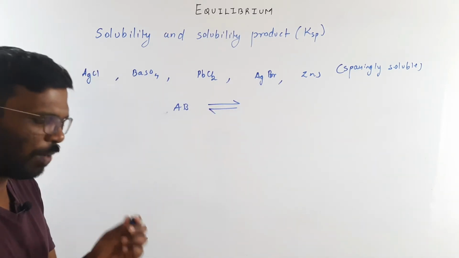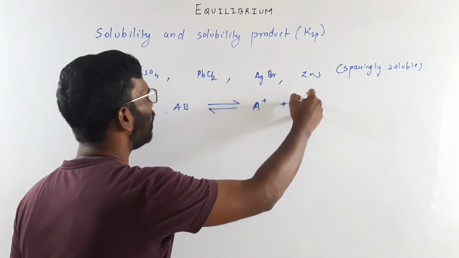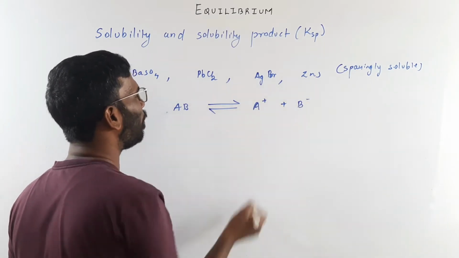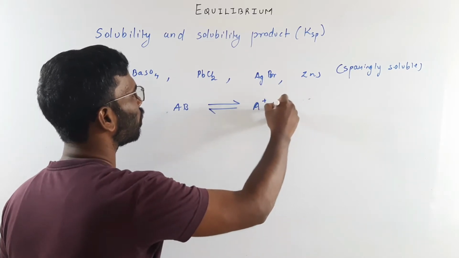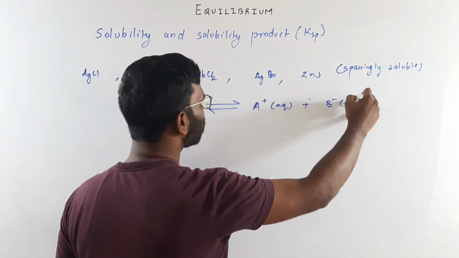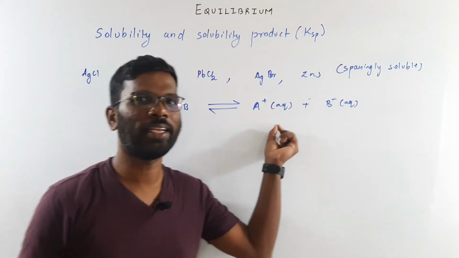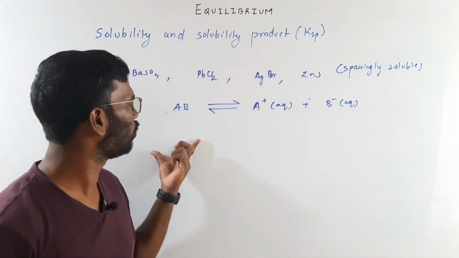Sparingly means there will be some equilibrium. There will always be some equilibrium if it is sparingly soluble: AB in equilibrium with A+ aqueous and B- aqueous. Only a very small amount of it is getting dissociated into the aqueous solution, right?